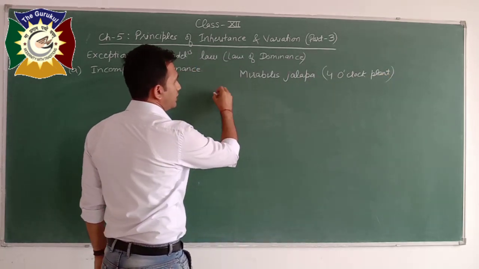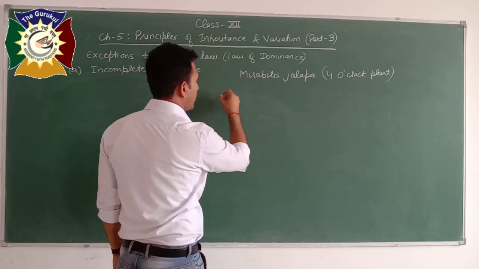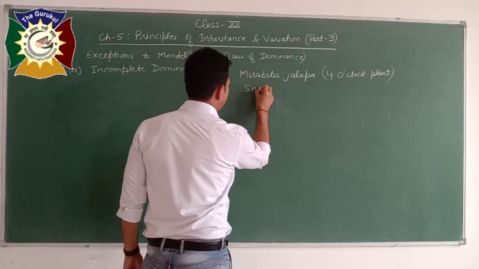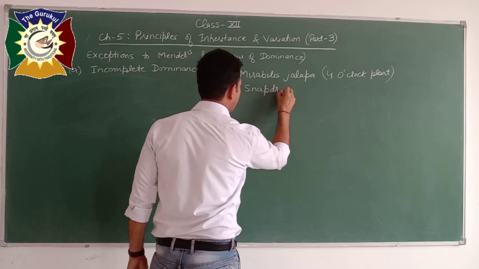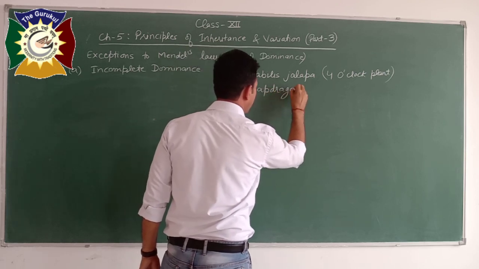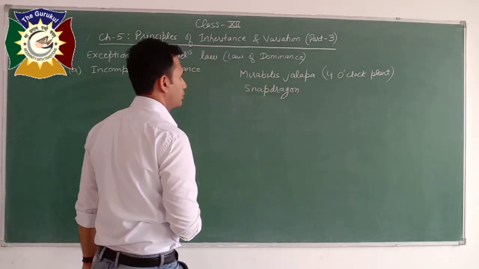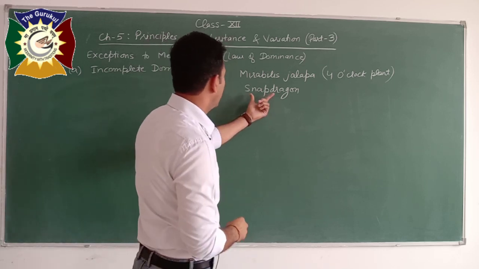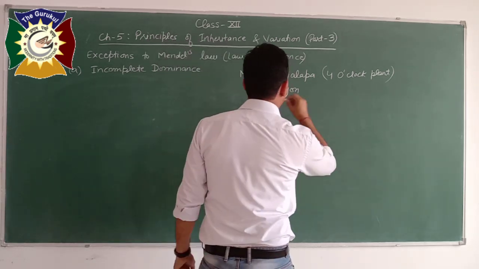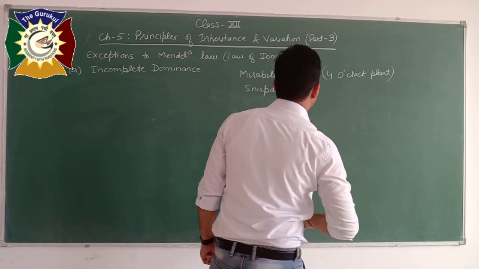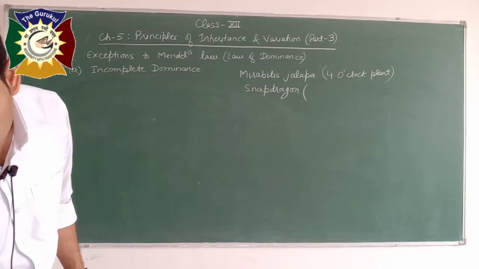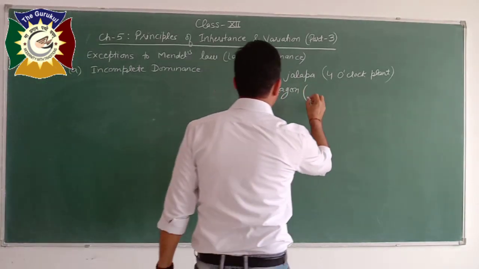And the second example of a plant is snapdragon. So this is the general name, and the scientific name is Antirrhinum majus.